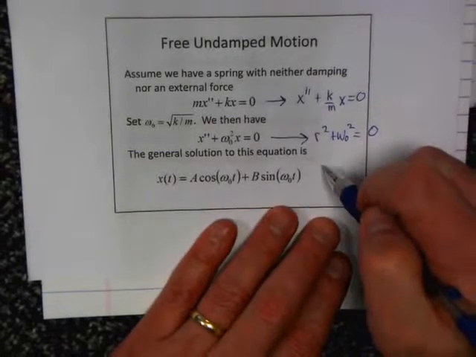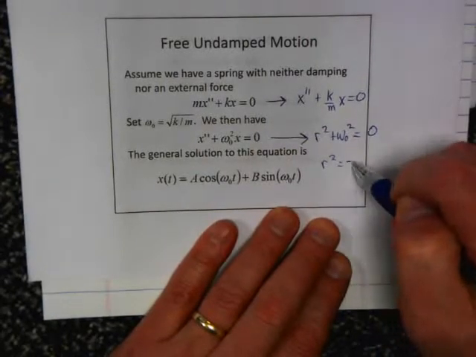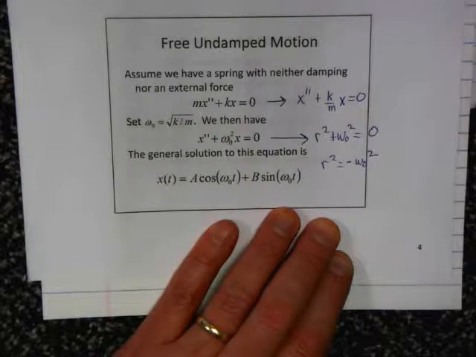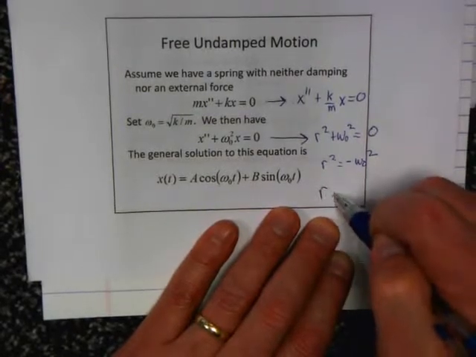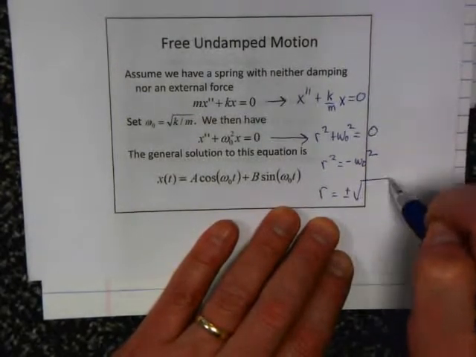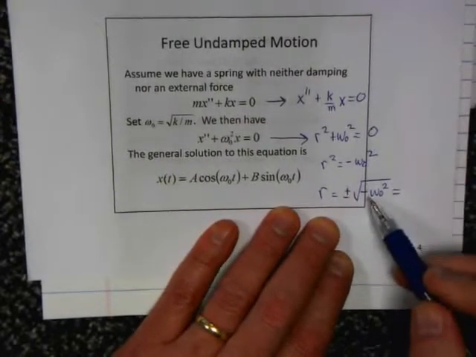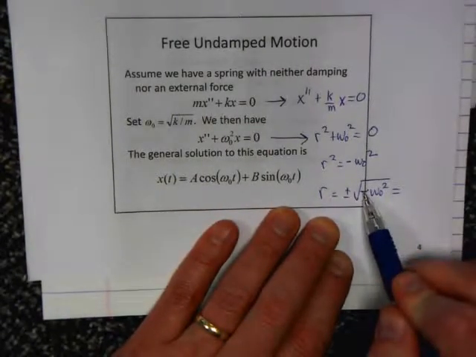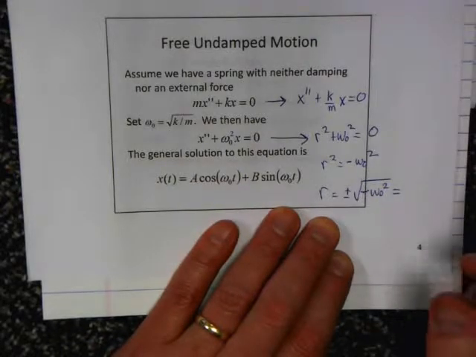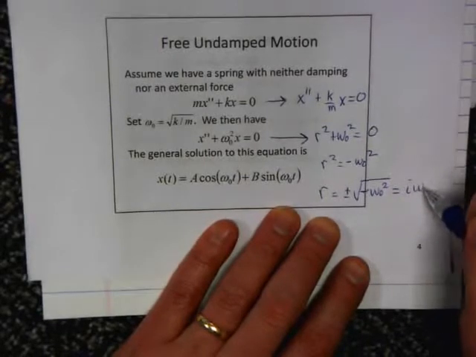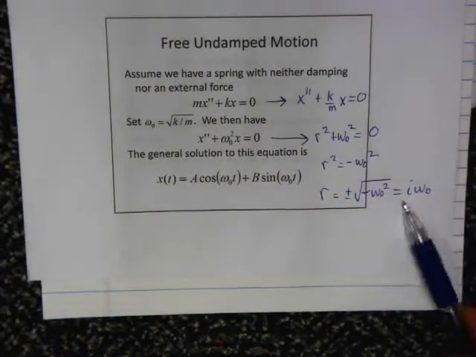R squared equals minus omega naught squared. And so when you do square roots, r equals plus or minus the square root of negative omega naught squared. But you've got a negative number under your square root, so that gives you a complex number, and the square root of omega squared is omega. So you end up with complex solutions.